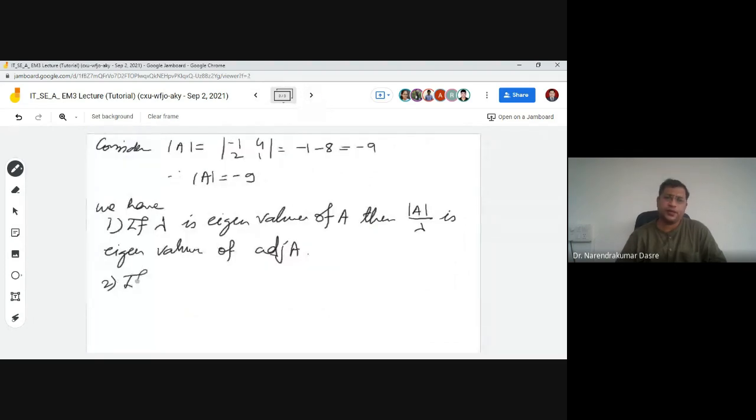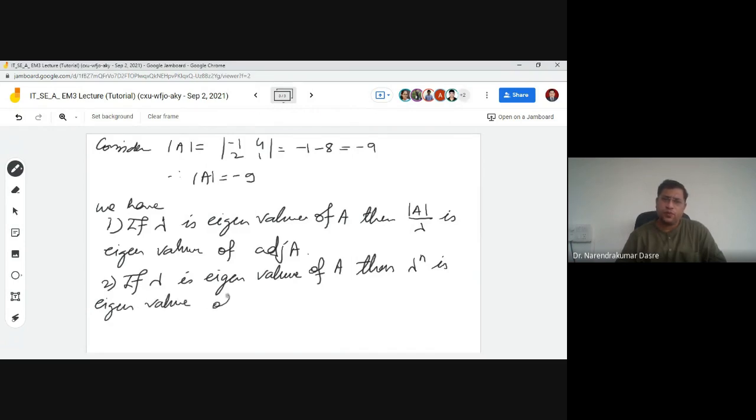If lambda is an eigenvalue of A, then lambda raised to n is an eigenvalue of A raised to n. And third, the eigenvalues of the identity matrix are 1. So these are the three properties of eigenvalues that are going to help you here.